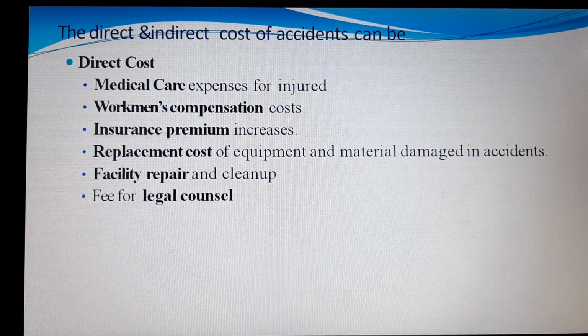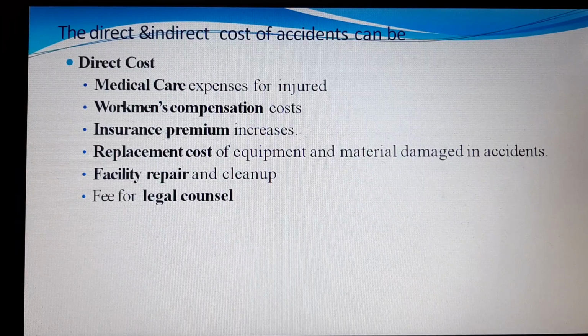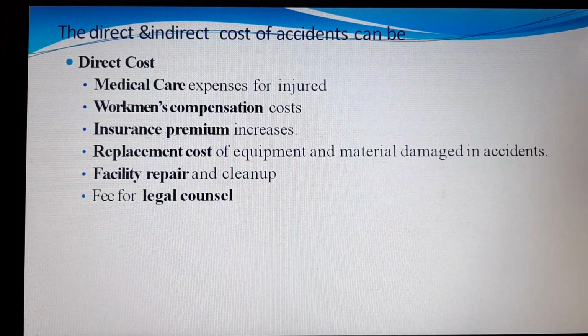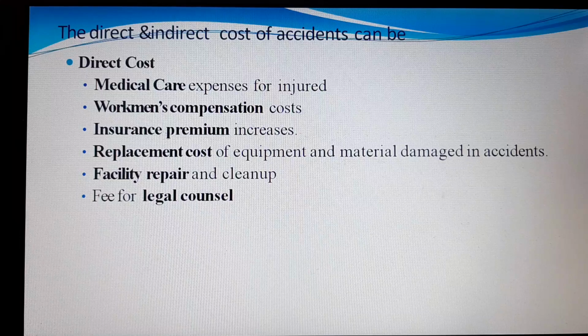Some of the direct costs are medical care expenses for the injured, his compensation cost, rapidly increasing insurance premiums, replacement cost of equipment and materials damaged in accidents, and moreover, some allied equipment may also be damaged and need to be replaced, and facility repair as well as cleanup to bring the situation back to normal.